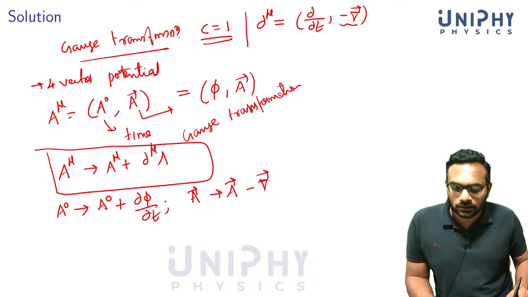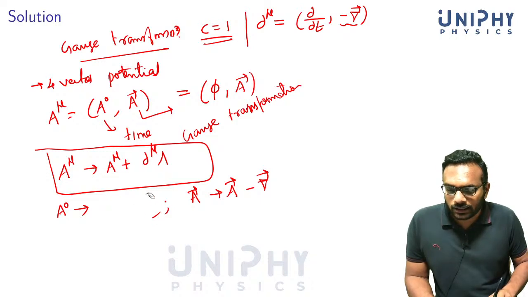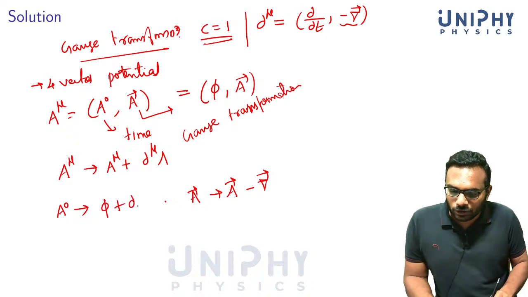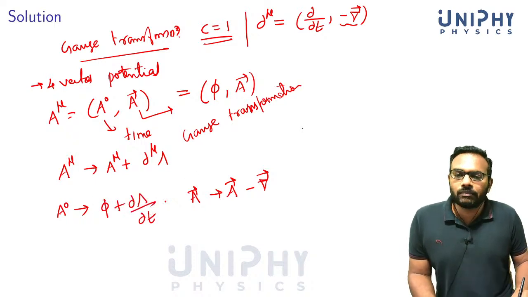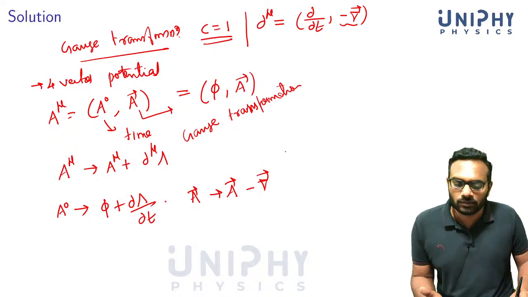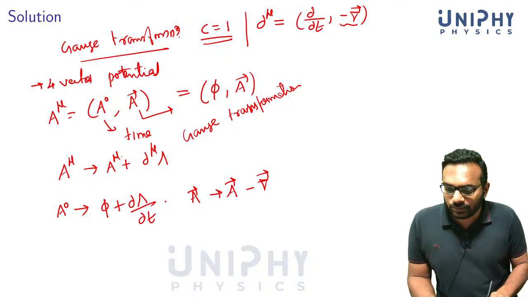Right. I'm sorry, this is not correct. A0 goes to A0 plus, A0 is φ plus ∂λ/∂t, where λ is some function of time and the space parts, all right, t and x, y, z.